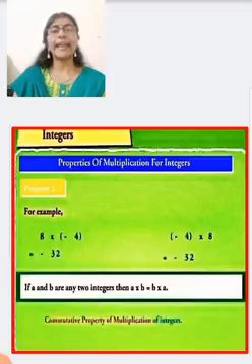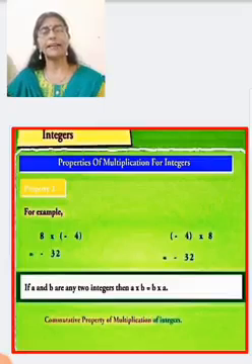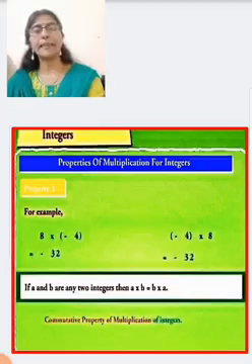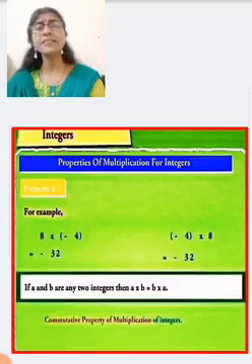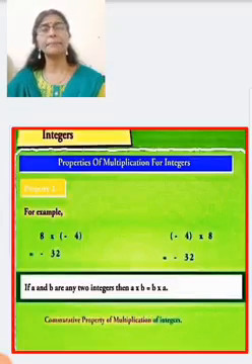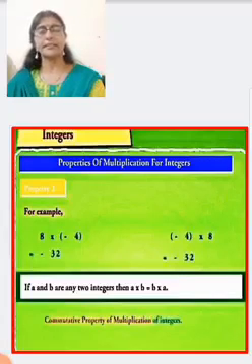So if a and b are any two integers, then a multiplied by b is equal to b multiplied by a. And this is called the commutative property of multiplication of integers.